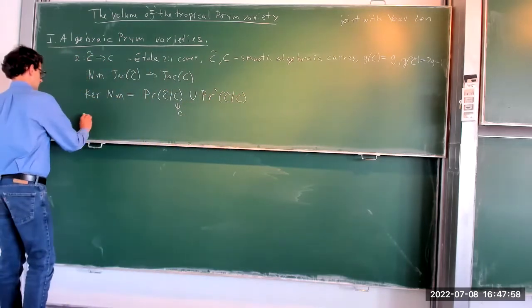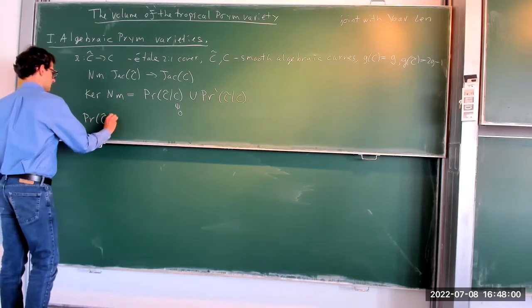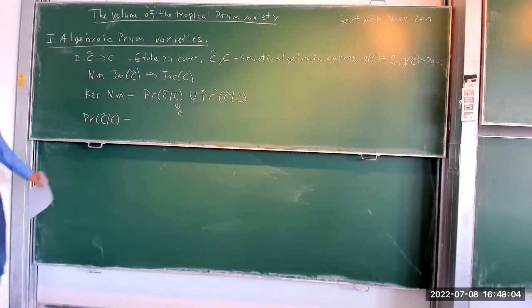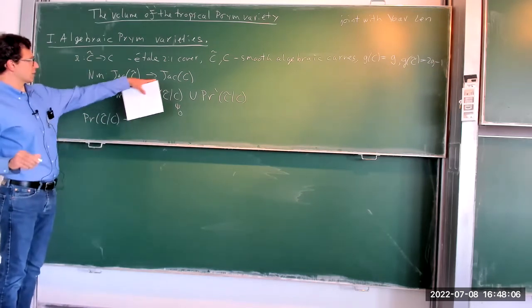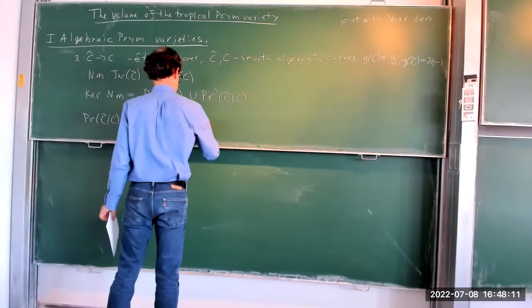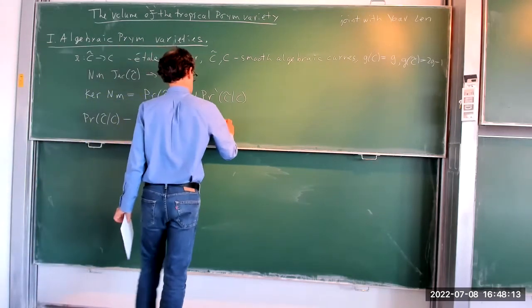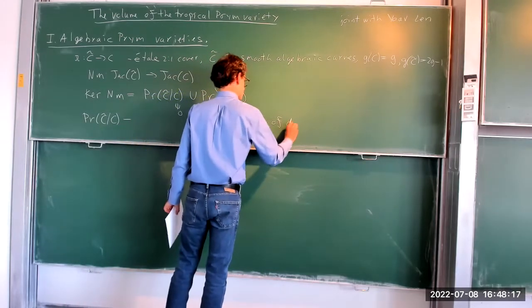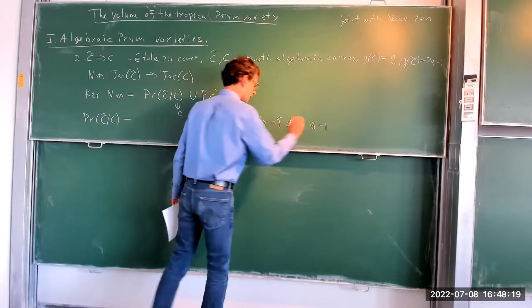And so Prym C tilde over C is an abelian variety of dimension, well, the difference of the dimensions. So this map is surjective. So this is an abelian variety of dimension G minus 1.